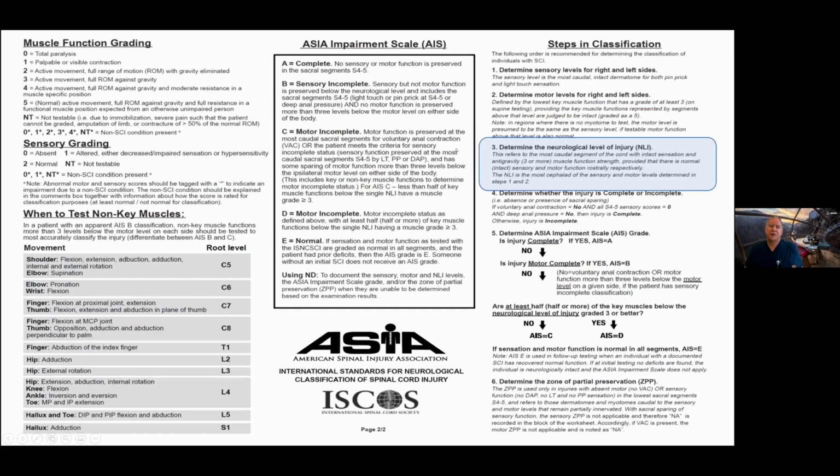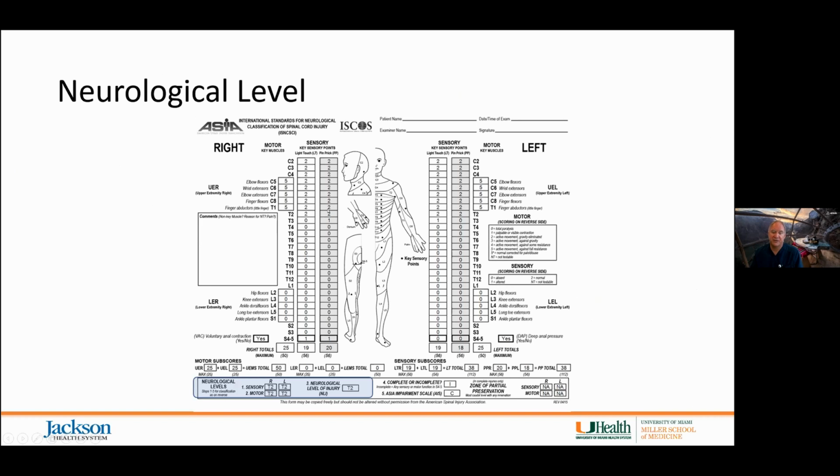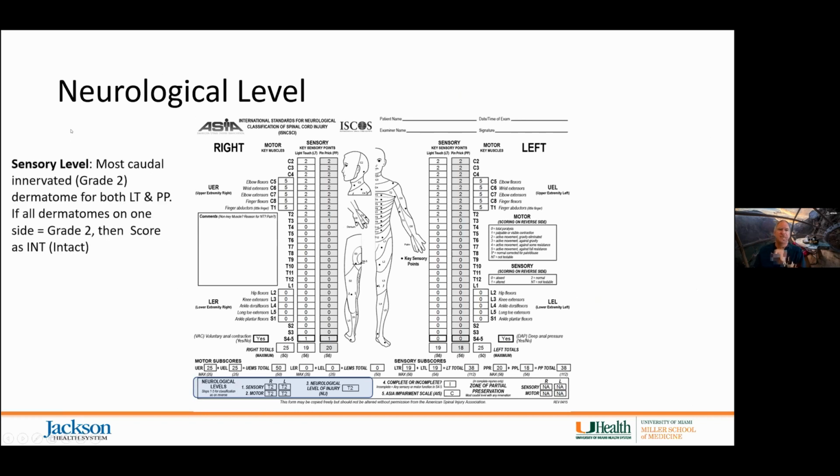Then we're going to determine the neurological level of injury, and this refers to the most caudal segment at which you have intact sensory function and at least anti-gravity strength, that is a motor score of 3, with the just rostral component being normal, or 5 out of 5 strength. So basically you're going to use these two components to help determine your neurological level of injury, using your most caudal normal, that is grade 2, dermatomes for both light touch and pinprick.